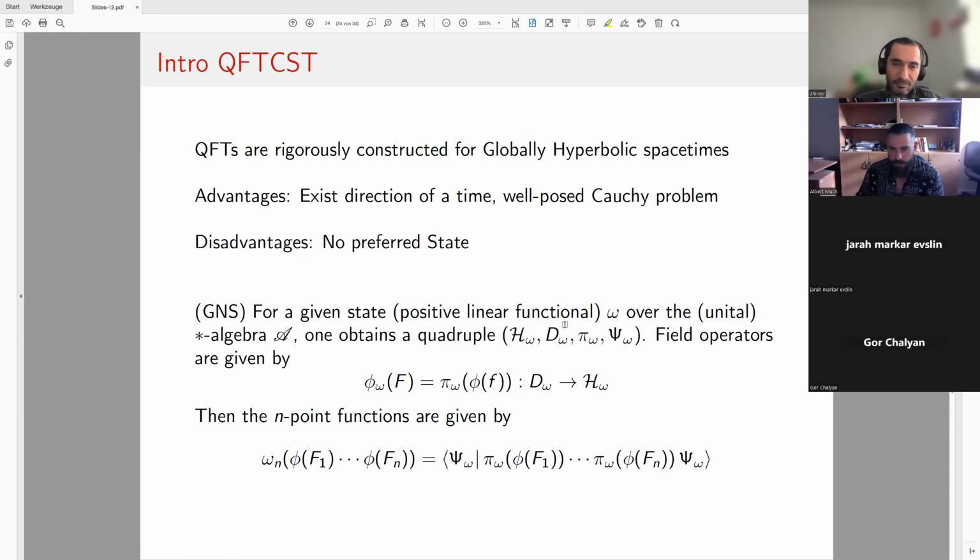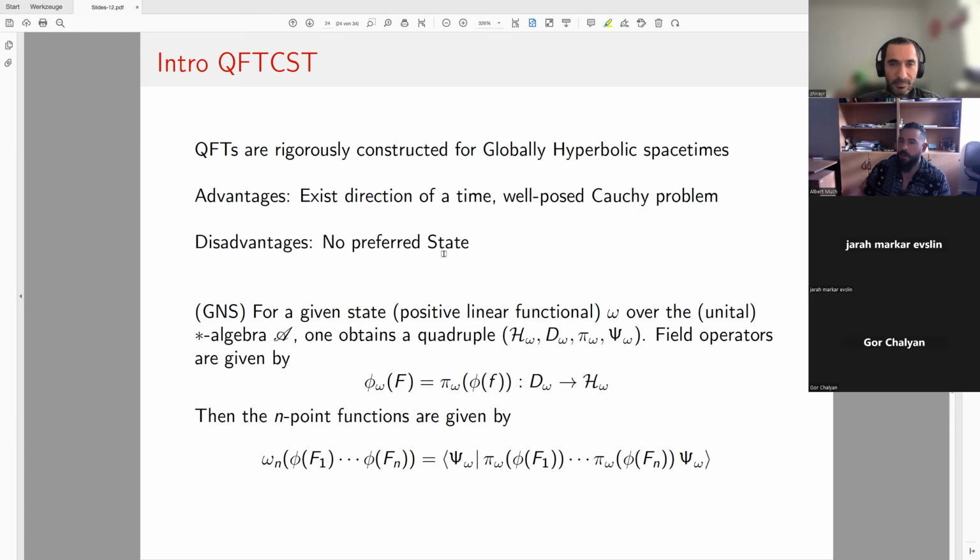GNS construction basically means you have a state and a star algebra, and then you put this through this machinery, and it gives you a Hilbert space, a dense domain, a representation, and some unique cyclic separating vector psi. And then the field operators can be defined this way, and then you define your n-point functions as the products of these representations, as the expectation value with respect to this psi omega.